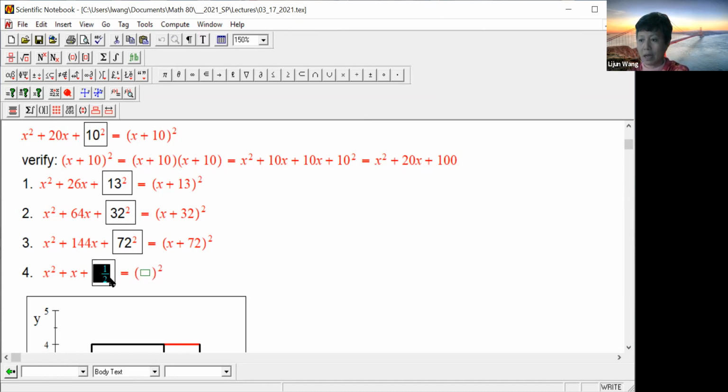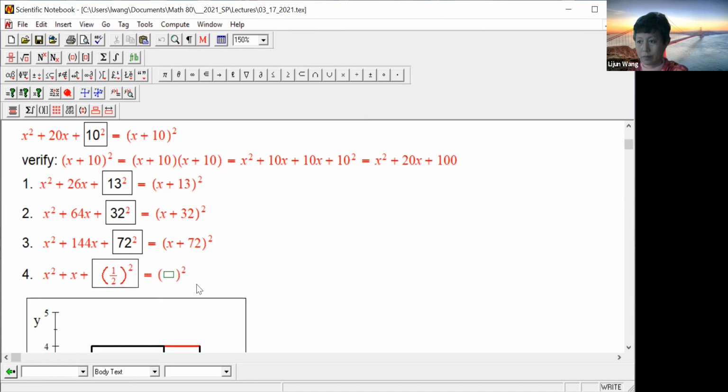So that's going to be half squared. x plus half. Could you guys verify each one of them? So now please verify.